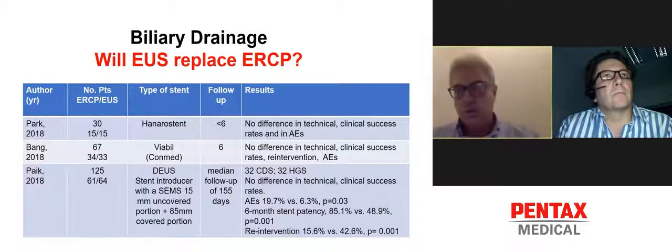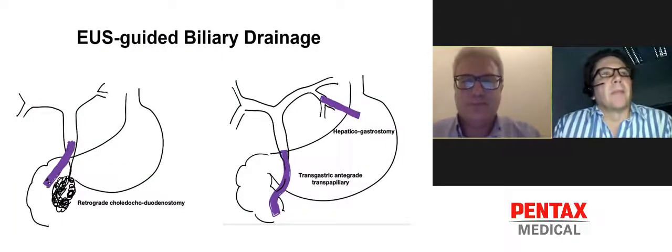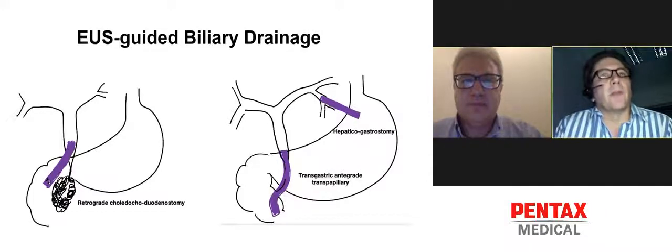So can you talk a little bit about the technique of performing biliary drainage? We'll start with the choledochoduodenostomy, with a picture. Yes, I think that this is very important, Alberto, because we have to define the terminology before we can really start to talk about the management using EUS-guided approaches.